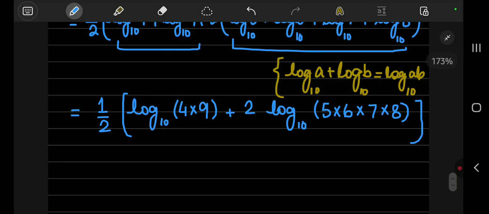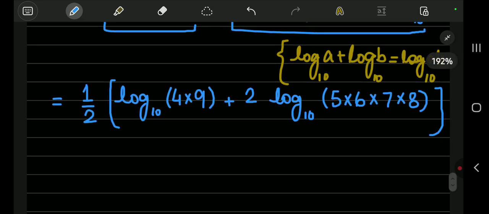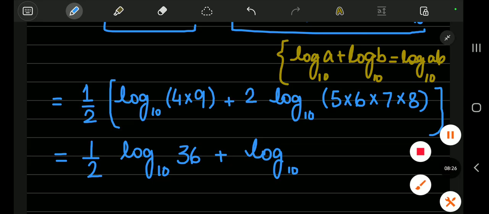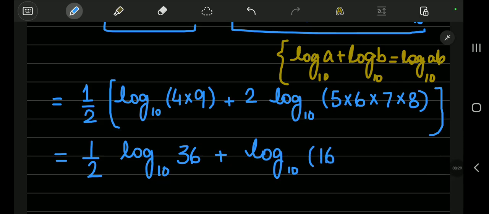Okay, now we can just multiply them. Also, we can multiply the 1/2 outside inside, so we will be left with 1/2 log with base 10 of 36, since 4 times 9 is 36, plus, the 2 and 2 got cancelled, so we are just left with log with base 10. What is 5 times 6 times 7 times 8? We can calculate this, so we get it to be 1680.